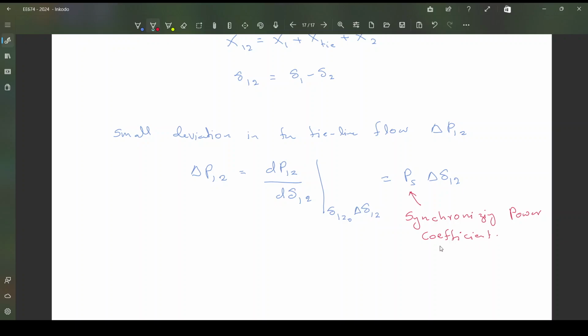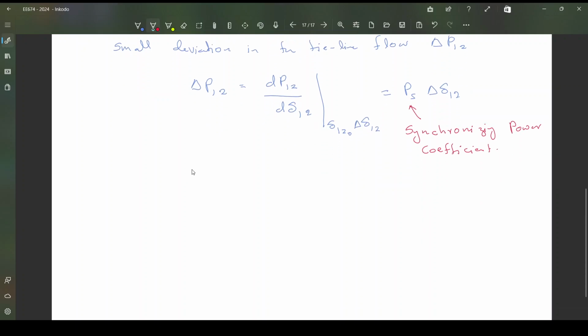If you take the power and angle curve, PE versus delta, the power becomes maximum at 90 degrees, P max. From 0 it increases, becomes maximum at this point, and drops to 0 at 180 degrees.